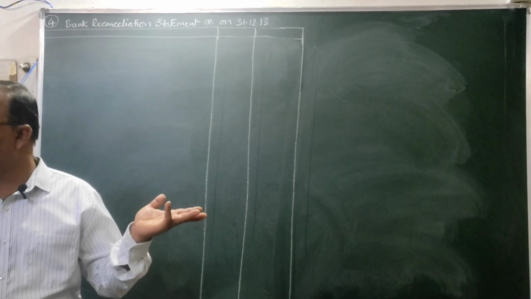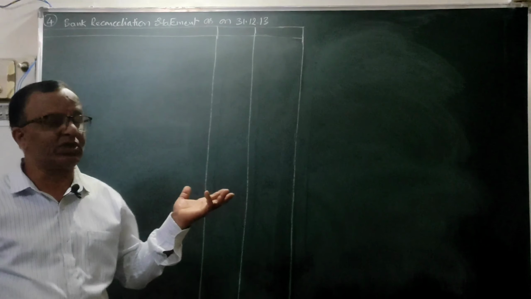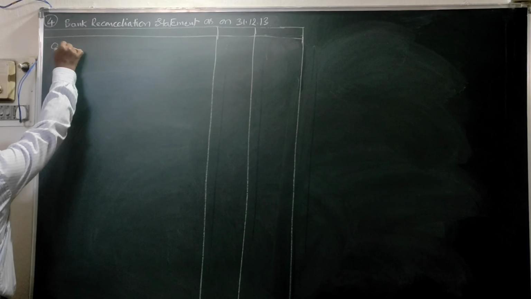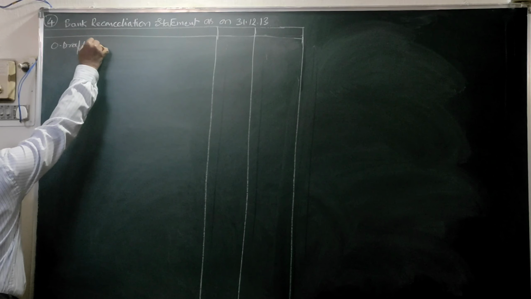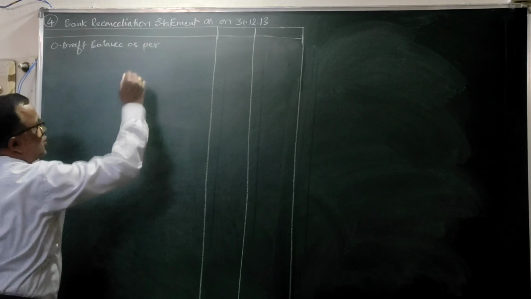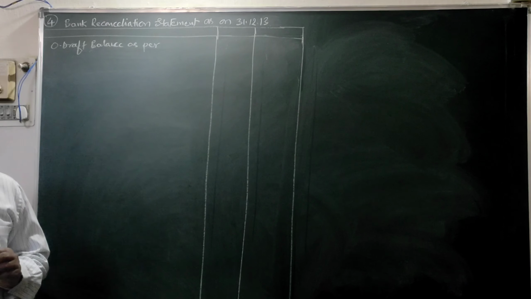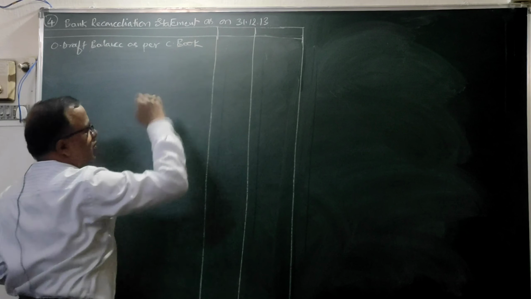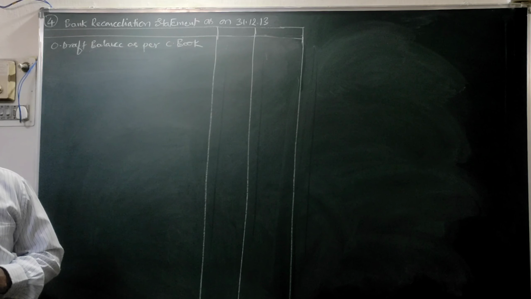The bank balance as per cash book shows an overdraft, he says. Since he has given overdraft, write down overdraft balance as per cash book. How much has he given as overdraft balance as per cash book? 30,000.